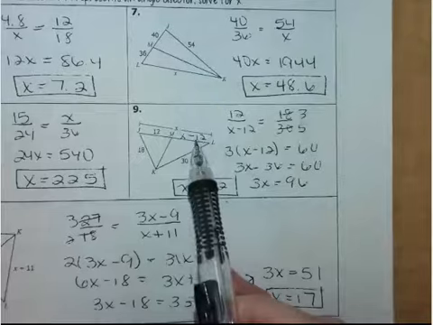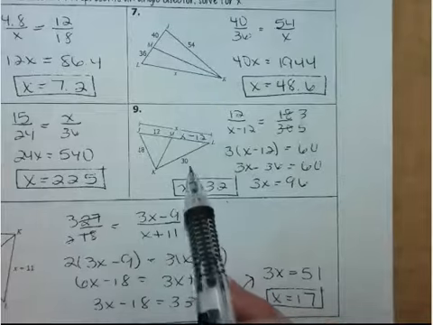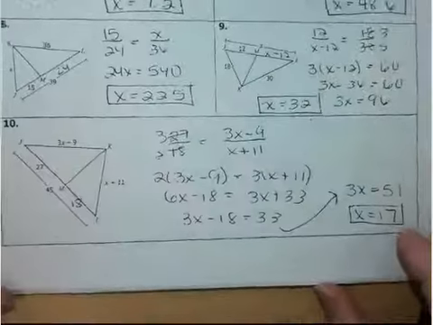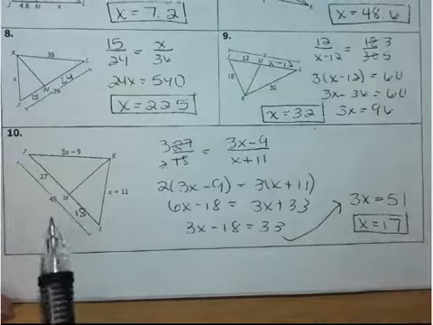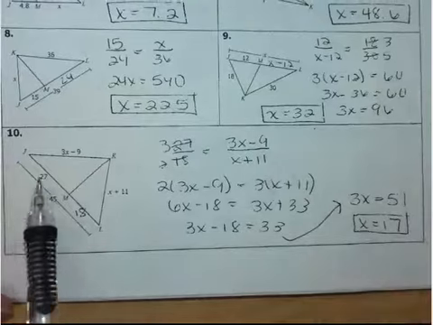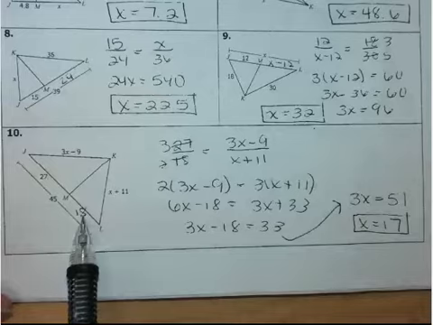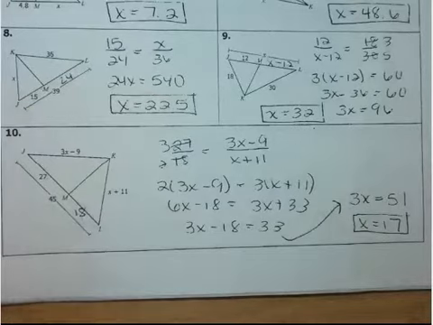So 12 is to x minus 12 as 18 is to 30. And then the last one, we had to fill in some missing information as well. So this is 45, that's 27, 45 minus 27 is 18. So we have 27 is to 18 as 3x minus 9 is to x plus 11.